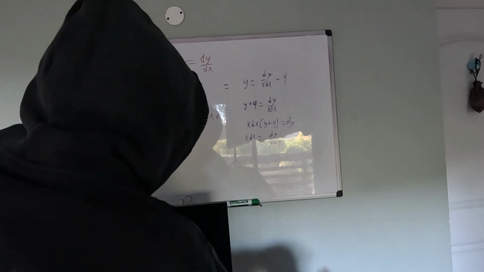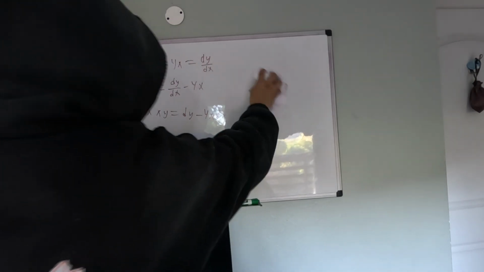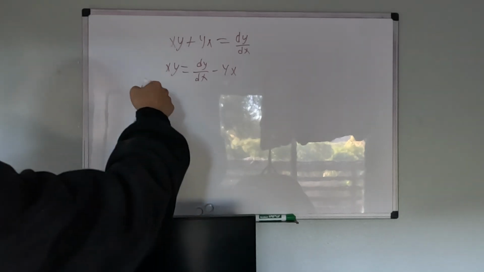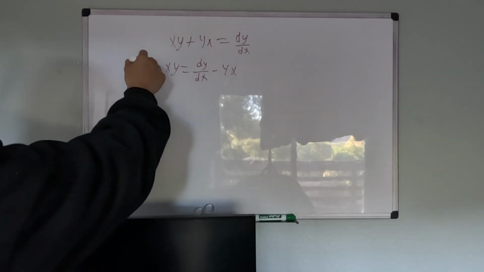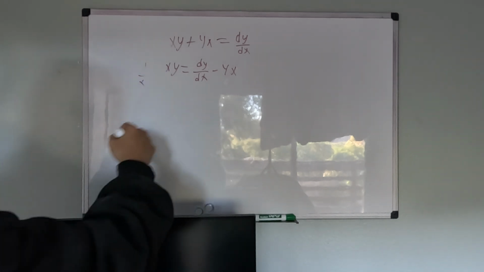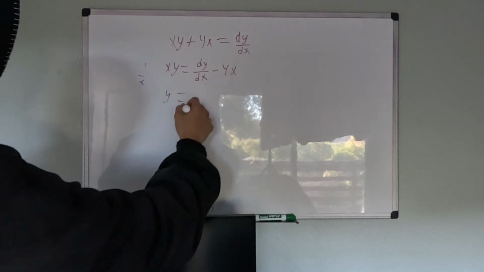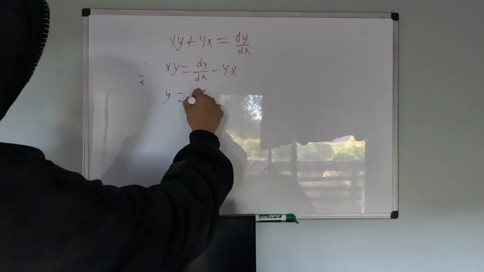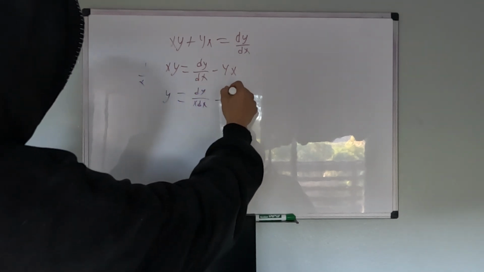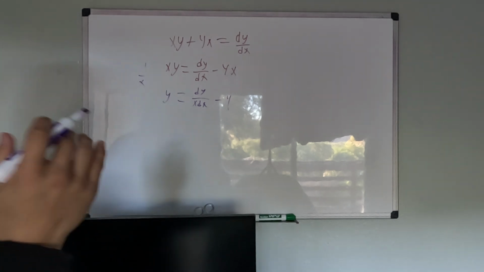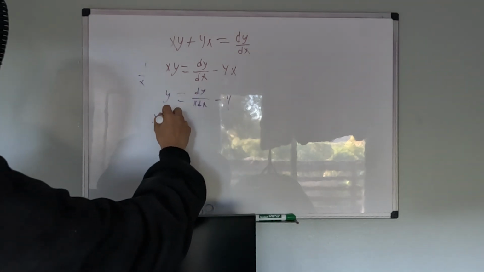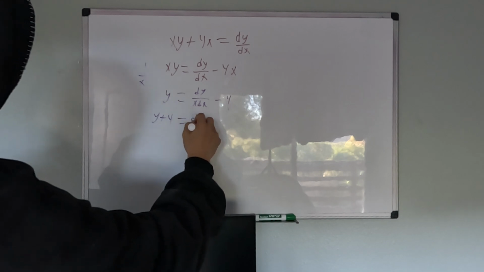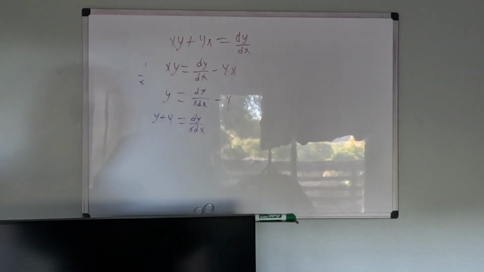So if I were to redo what my thought process was, I actually can divide everything by x. Let's divide everything by x. So if you divide everything by x, then you get y equals dy over x dx minus 4, right? Now, if you were to add 4 to both sides, you get y plus 4 equals dy over x dx, okay?